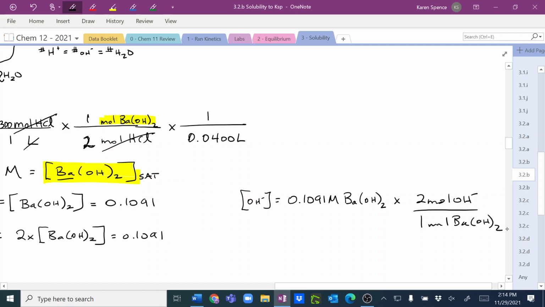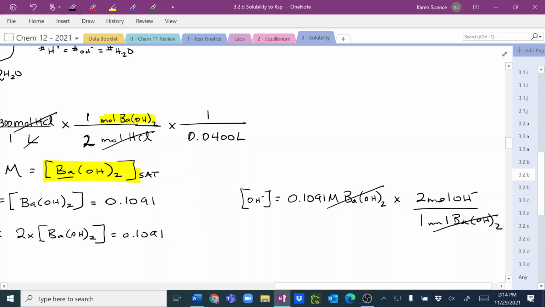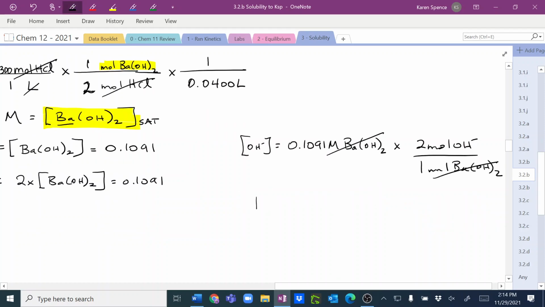Yeah? And sometimes for some people that makes a difference so that they can actually see that. If you don't like that, you can also show it, you know, underneath your solubility equilibrium expression or equation.